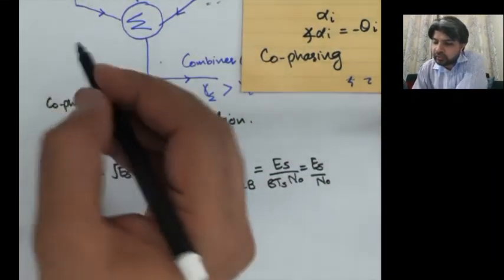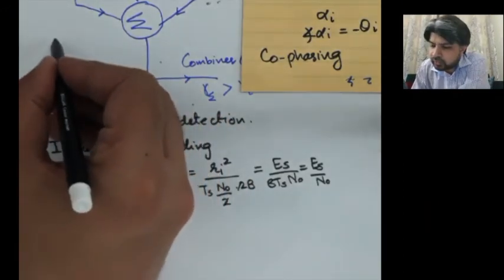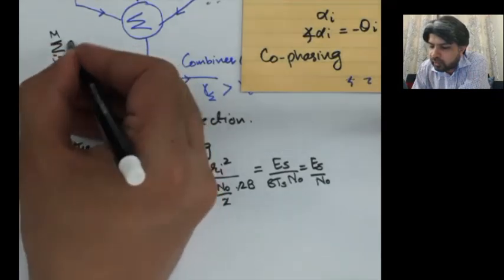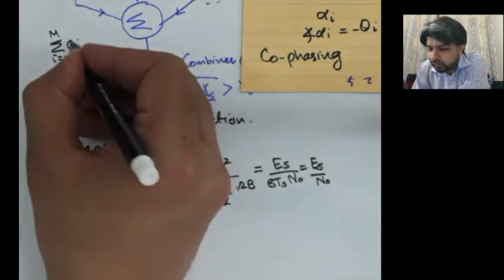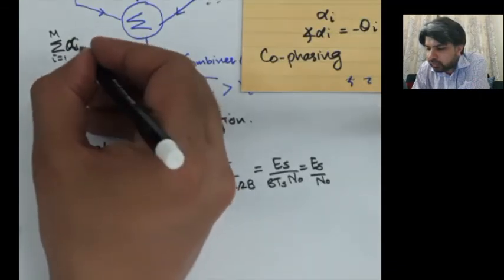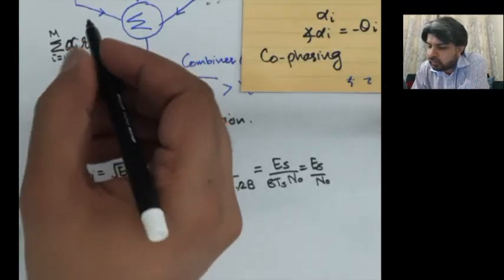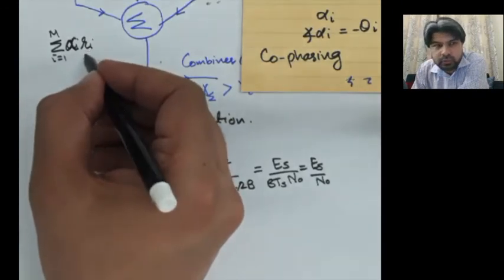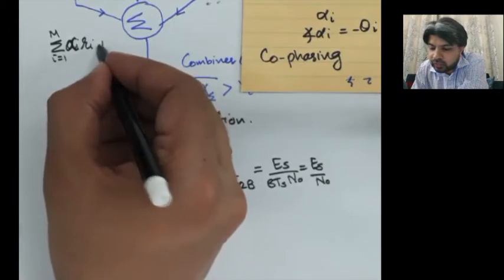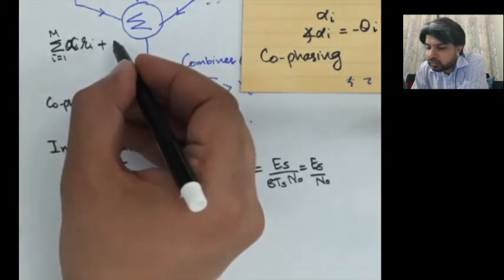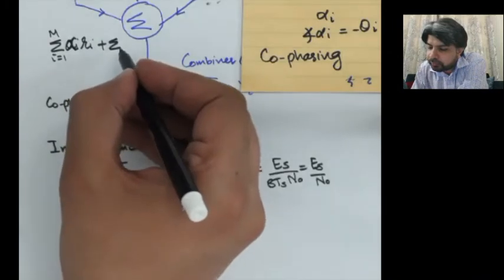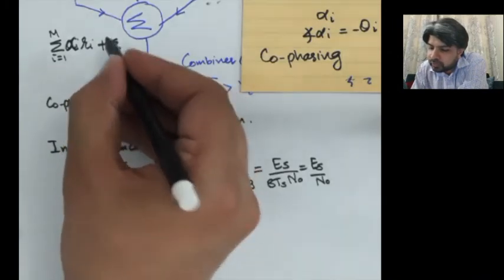Now under these scenarios, what would be your received signal here? Your received signal would be the summation i equals 1 to capital M of a_i, or alpha_i, times your R_i, which is your received signal. Here I am assuming this R_i is a complex number, plus you would have these noises, summed over i equals 1 to n.